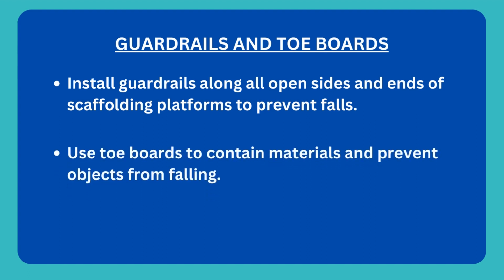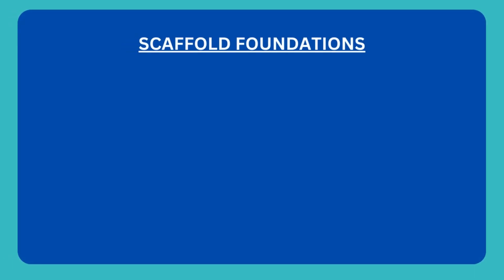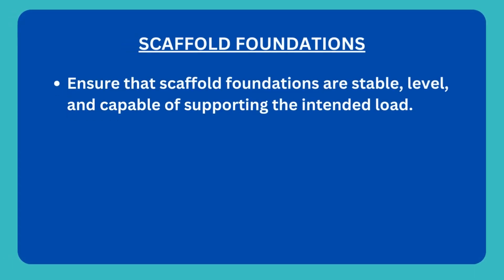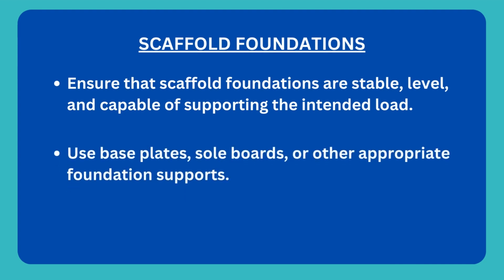Use toe boards to contain materials and prevent objects from falling. Scaffold foundations. Ensure that scaffold foundations are stable, level and capable of supporting the intended load. Use base plate, sole board or other appropriate foundation supports.